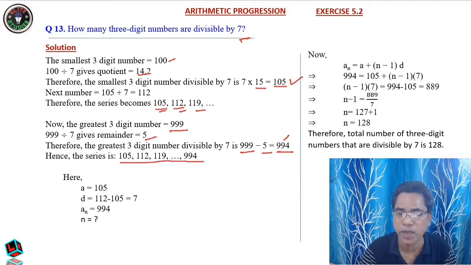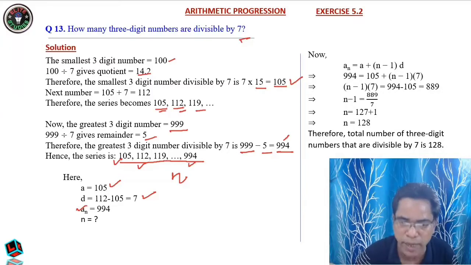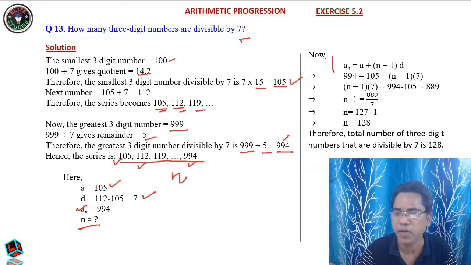Now once you have the series, it is very easy to get the value of n, because A is 105, D is 112 minus 105, which is 7, and An is 994. We need to get the value of n. This is the equation for the nth term of an AP.